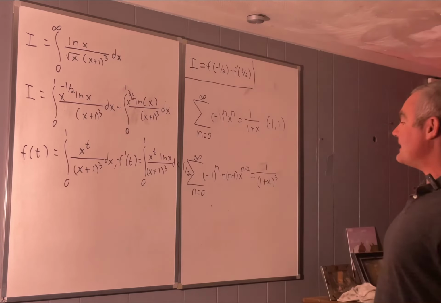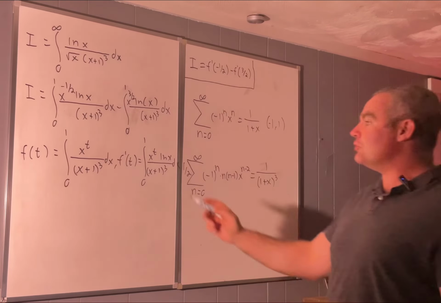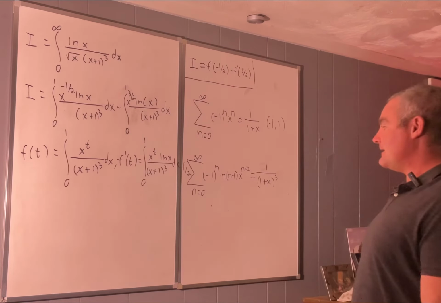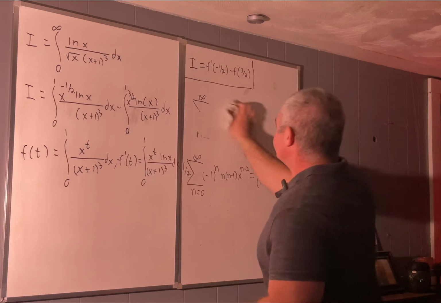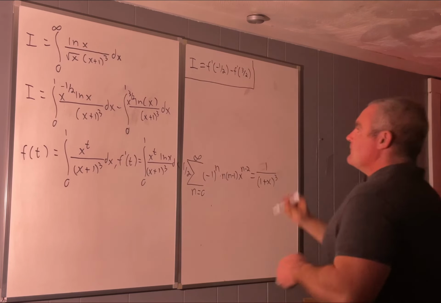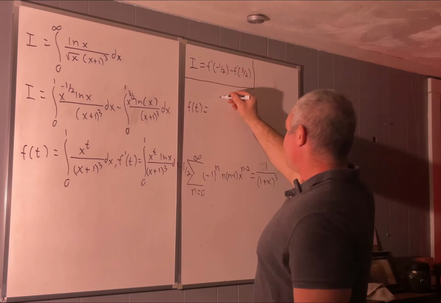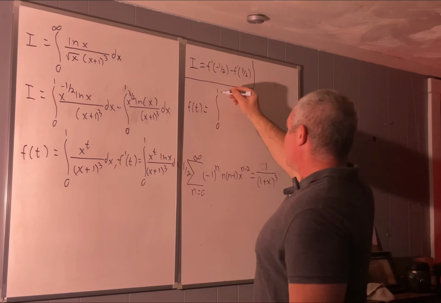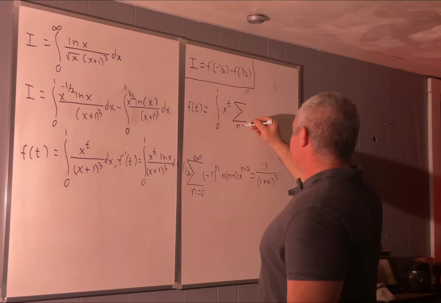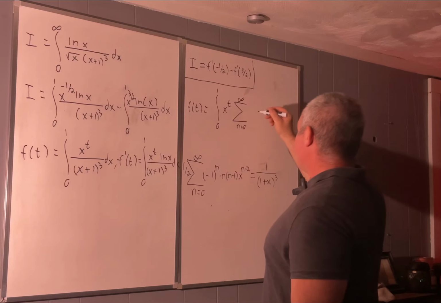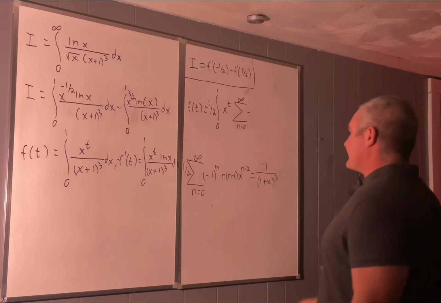So now we're ready to sub this in for our 1 over (1 plus x) cubed in our original f of t. That would give us f of t is equal to, well, we still have the integral from 0 to 1, and we still have our x to the t, but now instead of the 1 over (x plus 1) cubed, we have the sum going from 0 to infinity of negative, and we can't forget this 1/2, which I'll just bring right outside the integral.